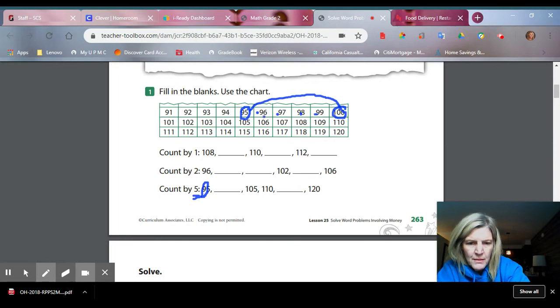You skip 1, 2, 3, 4, and then the fifth number is 100. They gave you the next number of 105. Skip 1, 2, 3, 4. The fifth number is 105. The next number after that is 110.